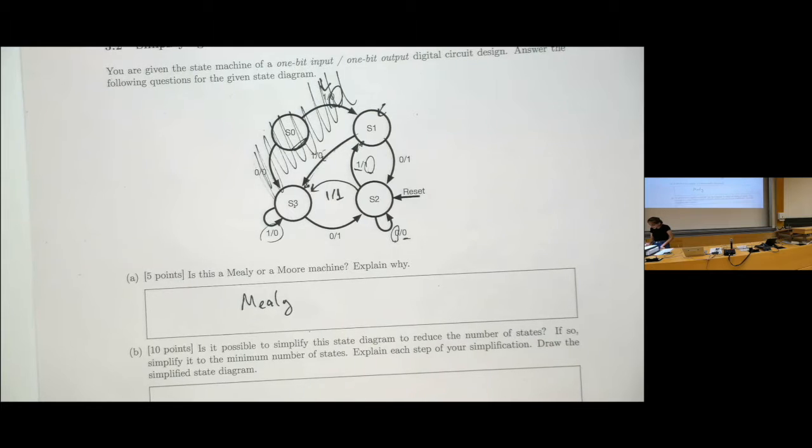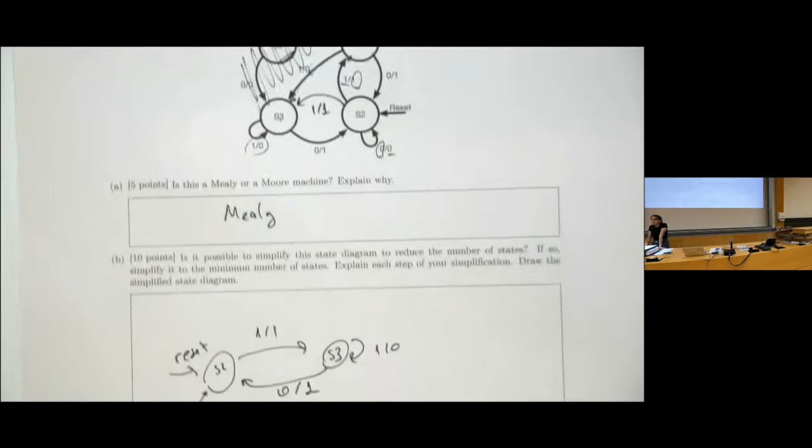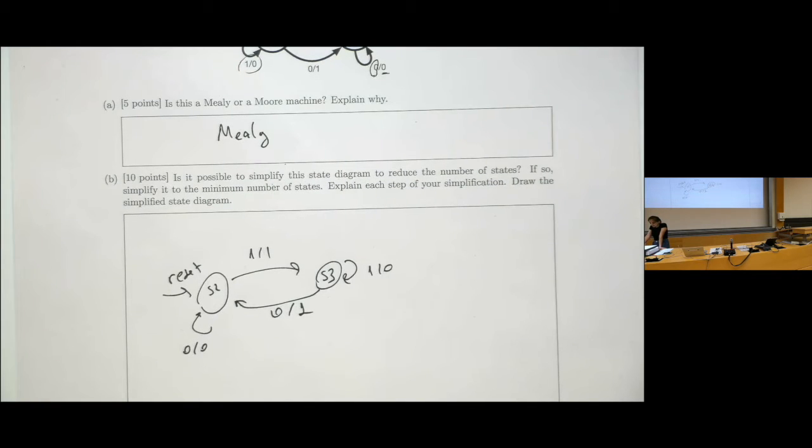So we can have it as 1 1 to S3, and then we stay here if it's 1, and then we go to the initial state if the input is 0. And then this is going to be the simplified state diagram for the machine given above. Do you have any questions about how I simplified it?